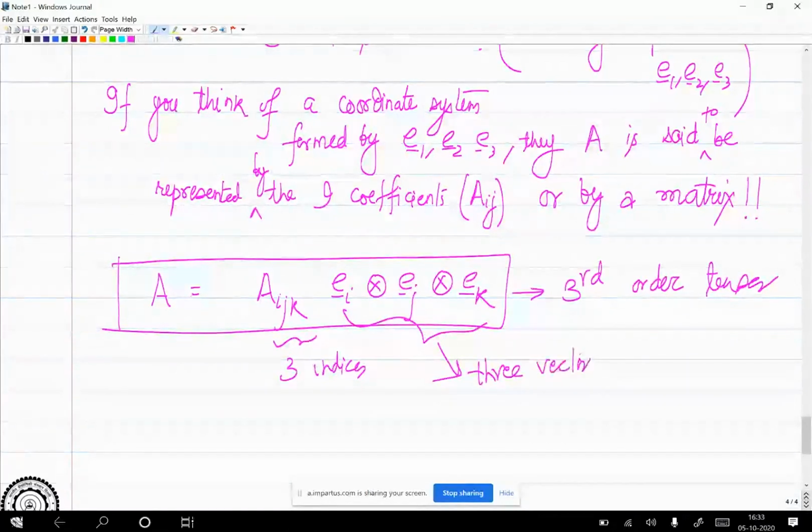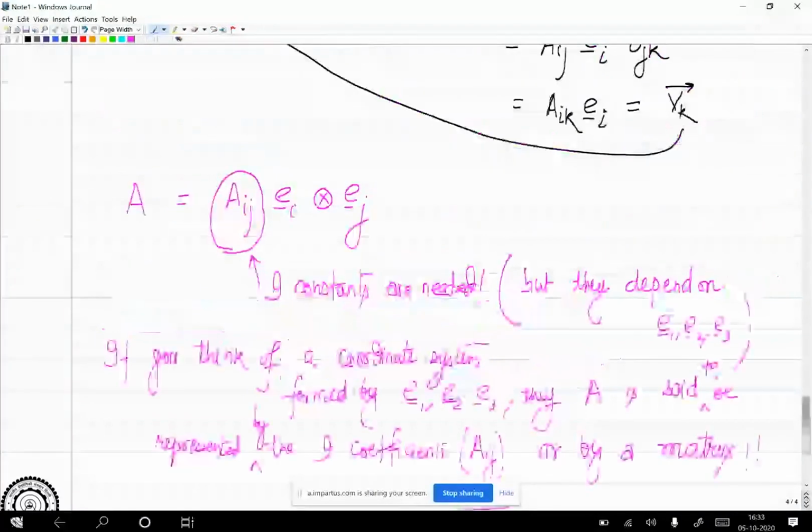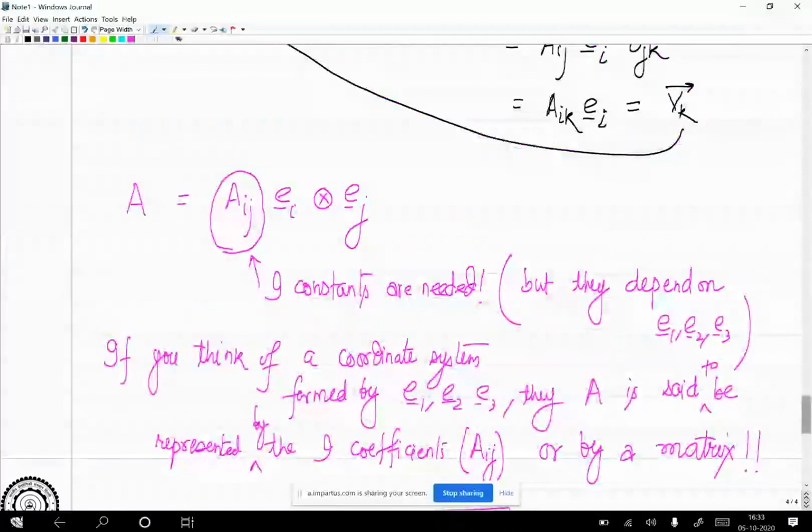So that's why it's a third order tensor. I hope the order is now clear to you, right? And also it is now clear that all these transformations are actually second order tensors and they can be represented by a matrix in a coordinate system. I hope it is clear to you.